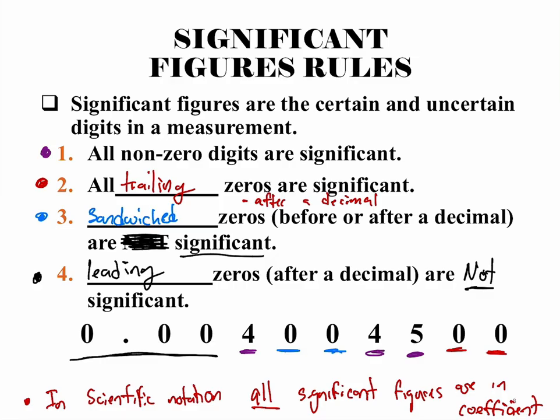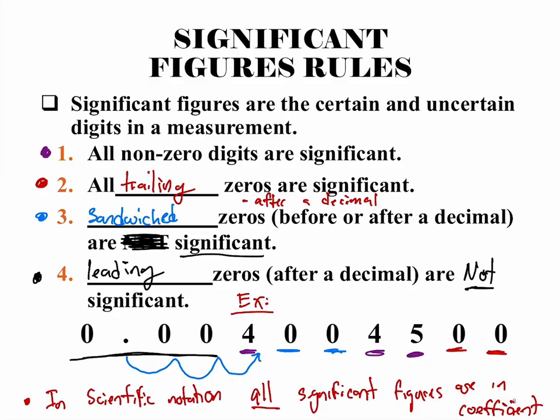So for example, this number here, how many places would we move the decimal place to convert this into scientific notation? 3, right? Because we're moving it to the right, 1, 2, 3. That puts our number between 1 and 10. And if we move it to the right 3 places, what should our exponent be?